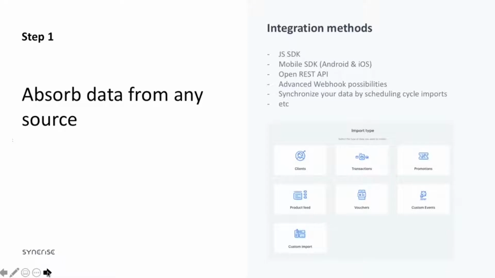Step number one is to absorb data from any source. In Synerise, we allow you to integrate your data through various different possibilities, different channels. With the help of our SDKs, which are the JavaScript SDK or mobile SDKs for Android or iOS, you will be able to generate really fast some default events.